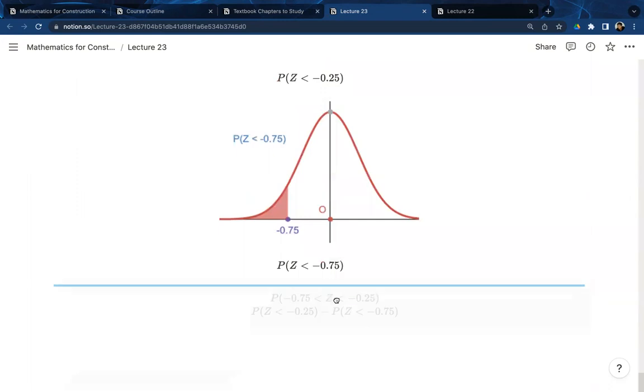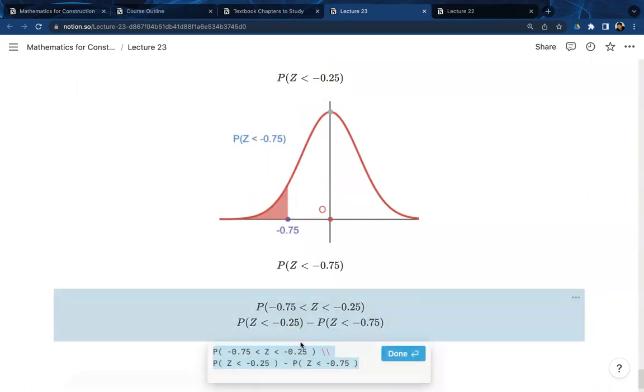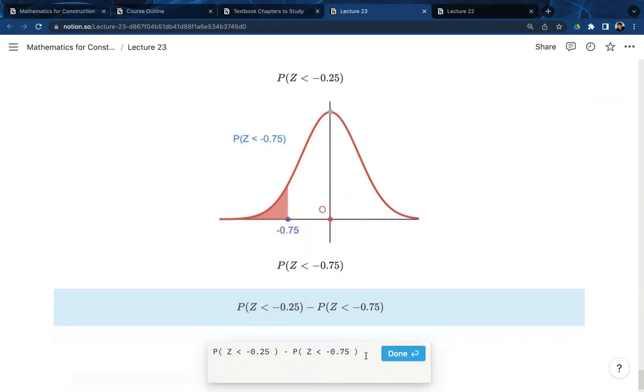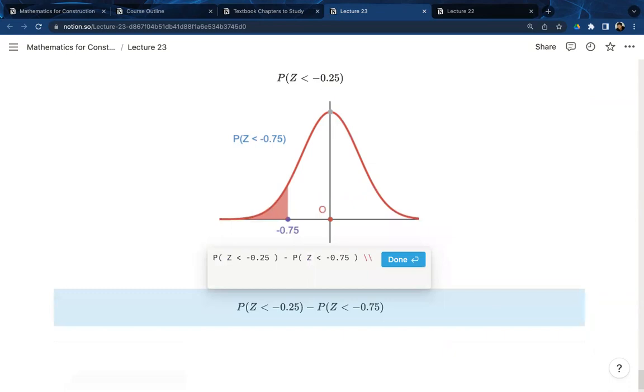Let's work this out down here now. How would you do this? Well, the probability that Z is less than negative 0.25 is the same as the probability that Z is more than 0.25, right?